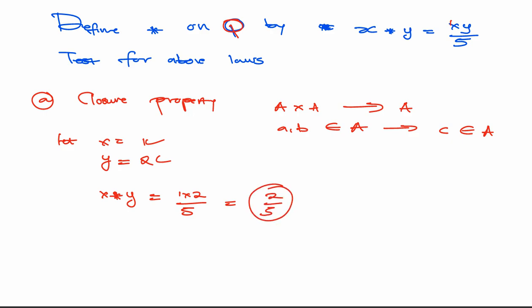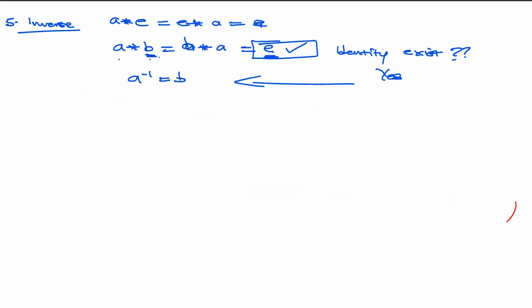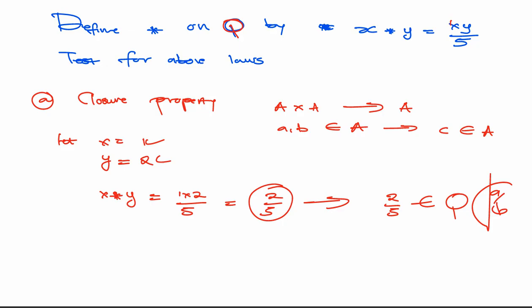So we ask the question: is 2 over 5 a member of the rational numbers? Yes, because rational numbers are numbers that can be expressed in the form A over B, and 2 over 5 can be expressed in that form.